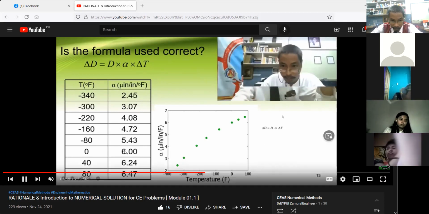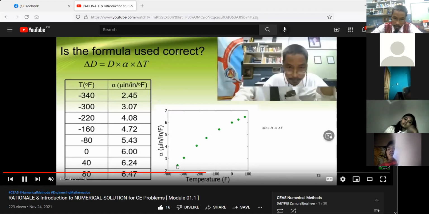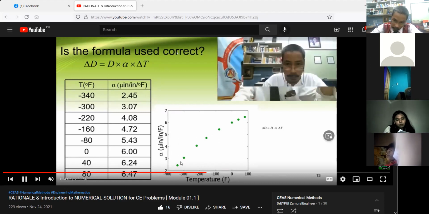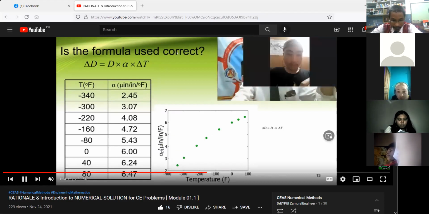This is the value of the coefficient of thermal expansion. So this is one specific example wherein we have a variable physical characteristic like thermal expansion. As you can see in the figure, it is very nearly a straight line, but it's not a straight line.